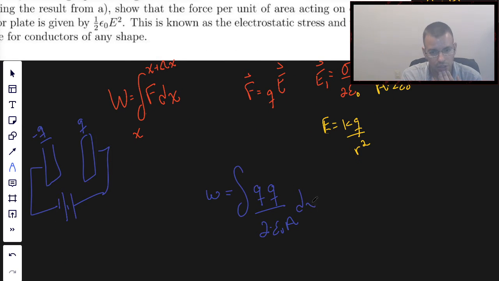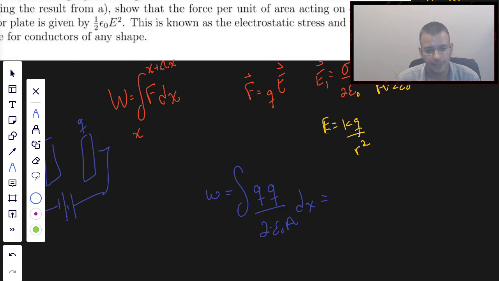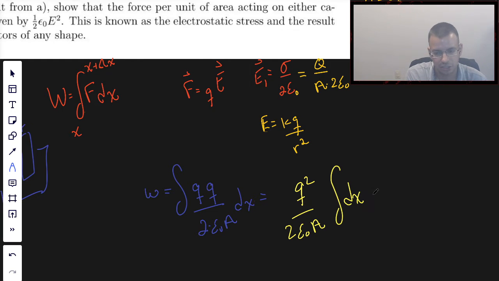The nuance, or little caveat that makes this a lot easier, is that these are all constants. So this is going to equal q squared over 2 epsilon naught A times the integral of dx.